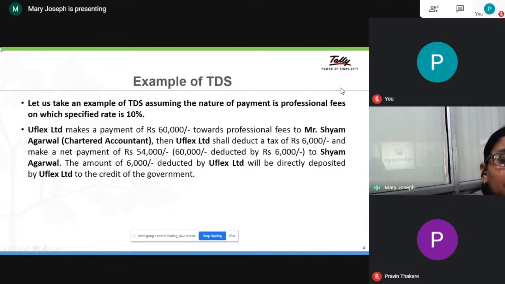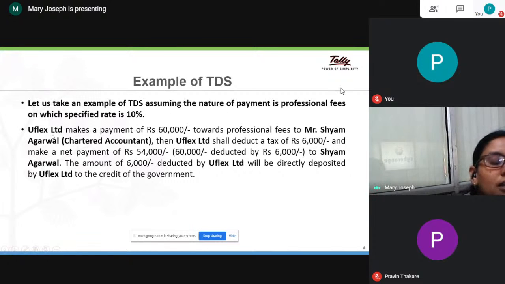Means Uflix Limited has to pay 60,000 as professional fees, or as all the commerce students better know it, audit fees, to Mr. Shyam Agarwal, a chartered accountant. Our company is paying 60,000 to Mr. Shyam Agarwal for audit of our accounts. For this, we are deducting rupees 6,000 as TDS.